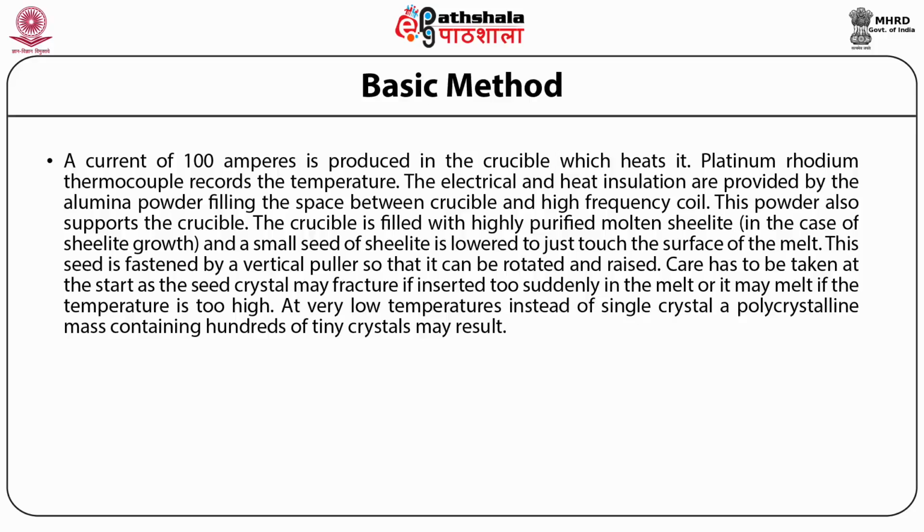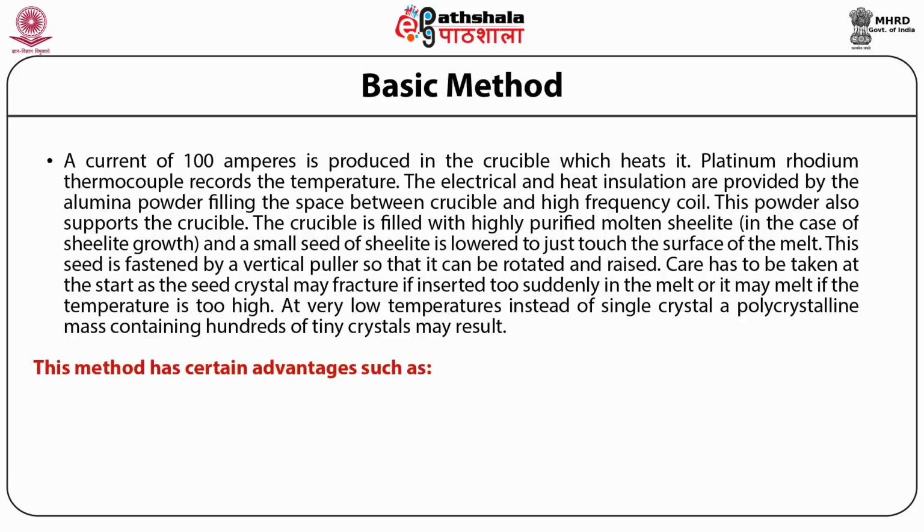Care has to be taken at the start, as the seed crystal may fracture if inserted too suddenly in the melt, or it may melt if the temperature is too high. At very low temperatures, instead of a single crystal, a polycrystalline mass containing hundreds of tiny crystals may result.